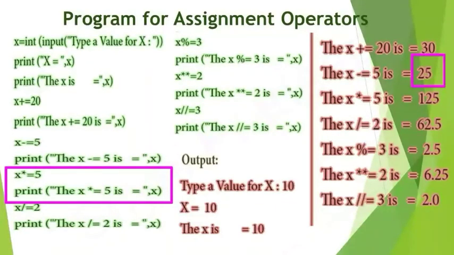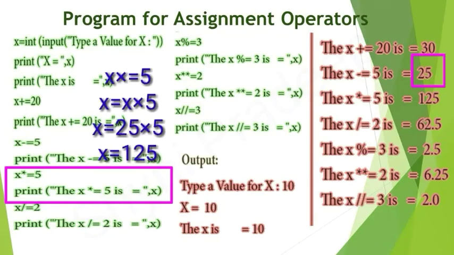Next, X into equal to 5. So print X into equal to 5 is. Now our new X value is what? 25. X equal to 25. Then again do the calculation, X into equal to 5. Here you have to multiply 5 and X and assign that result to the X variable.